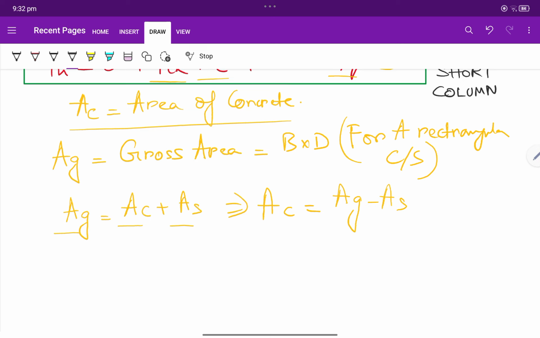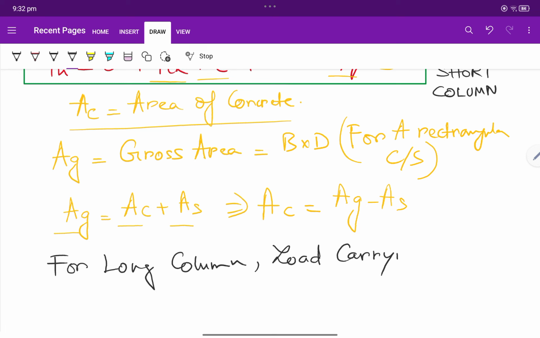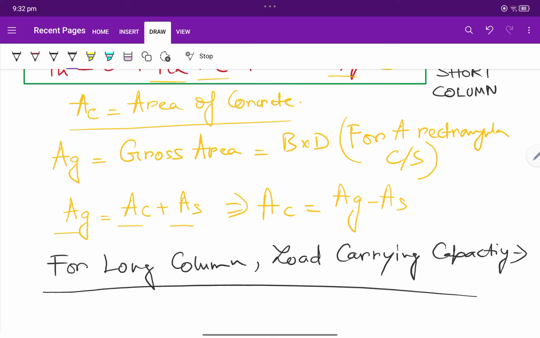When we find the load carrying capacity for a long column, how will we derive it?